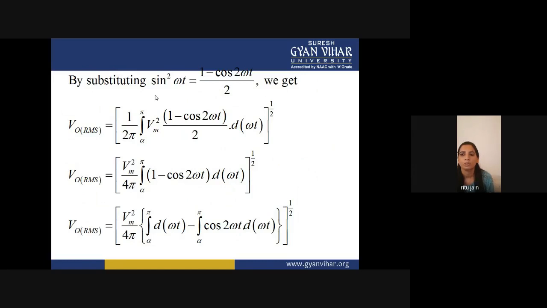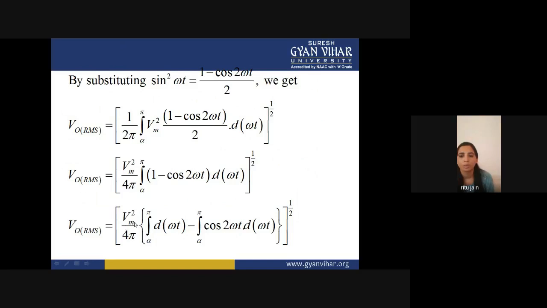So Vo RMS is equal to the root of Vm square upon 4 pi integration alpha to pi (1 minus cos 2 omega t) d omega t. The formula of sin square omega t is equal to (1 minus cos 2 omega t) upon 2, so putting this in the equation, you will get Vm square upon 4 pi integration alpha to pi (1 minus cos 2 omega t), to the root.